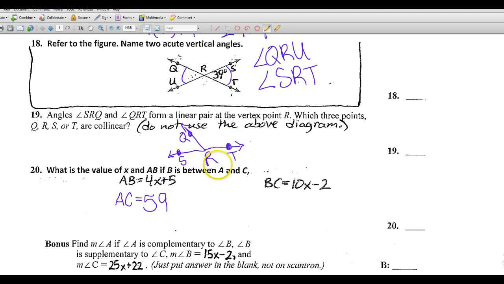We can see very clearly that that would be S, R, and T.